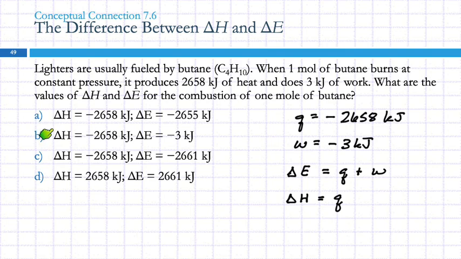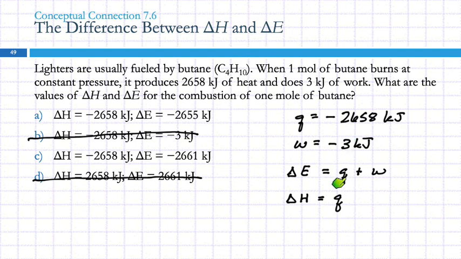So these are saying, well, delta H is either negative or positive. Well, it's not positive, so we can cross out this guy. And without actually doing the math here, is delta E negative 3 kilojoules? No, because that's just the work. So now we have to choose between these two delta E's.